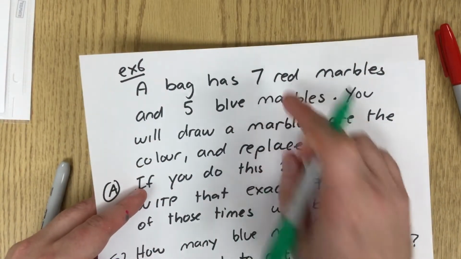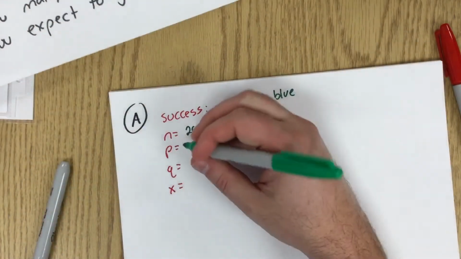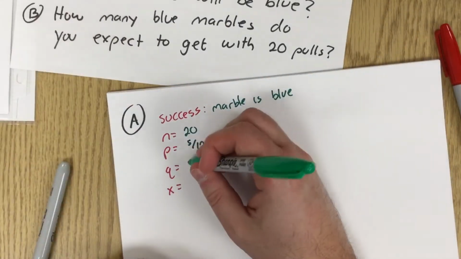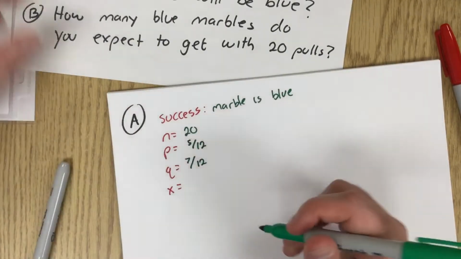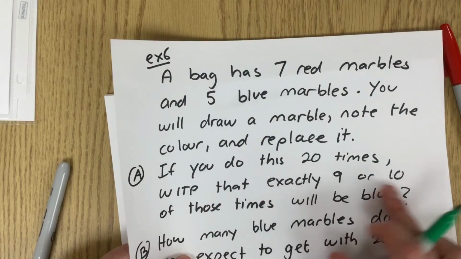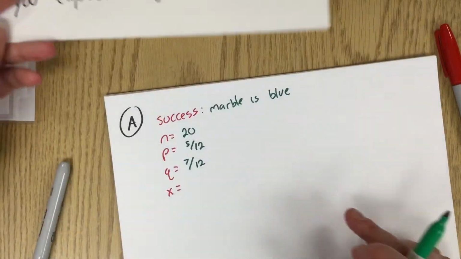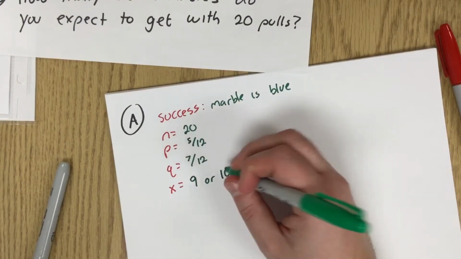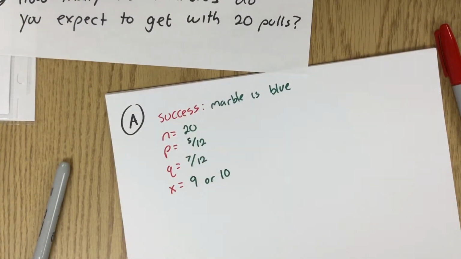There's 5 blues out of the 12 marbles in total. So P is going to be 5 out of 12. Q is going to be then 7 out of 12. And X, we want to have 9 or 10 blues, so we want 9 or 10 successes.